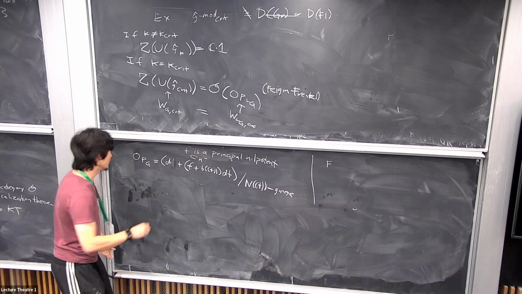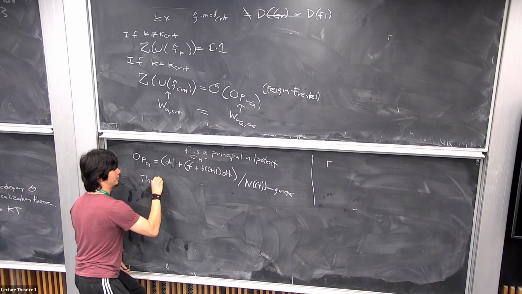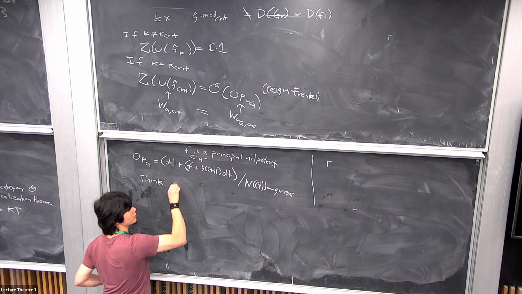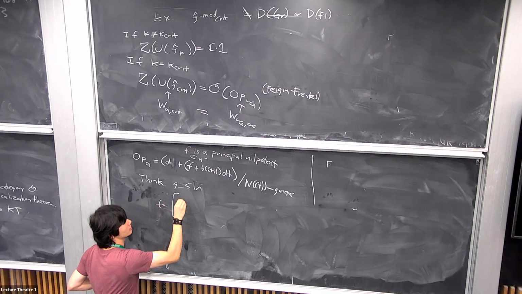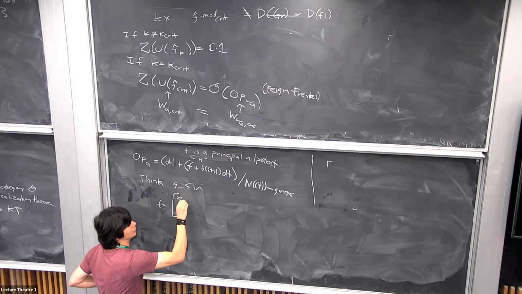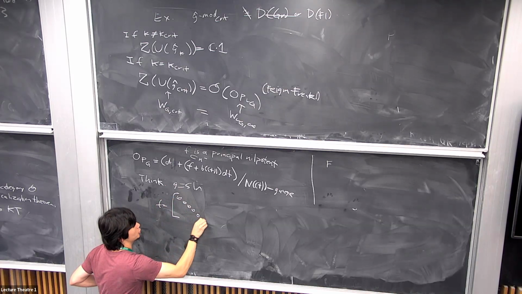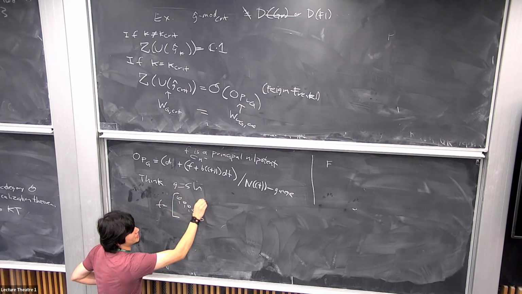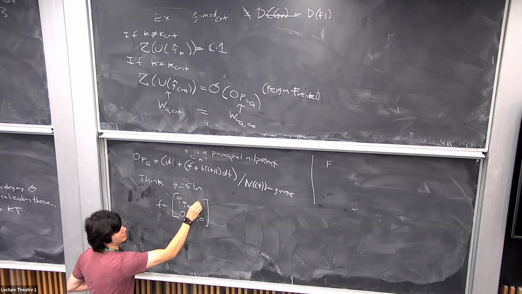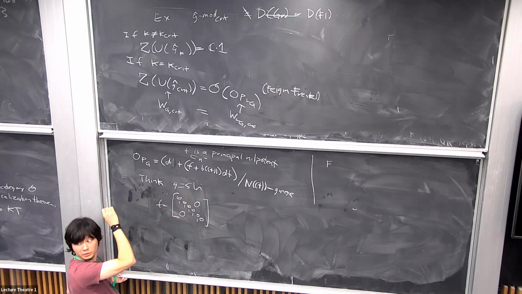As an example, think of G equals SL_N, and think of F equals the matrix, which, I mean, it's usually something other than 1, but it doesn't really matter. So just think of the matrix that's all 1s below the diagonal.